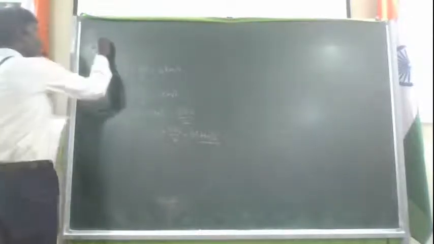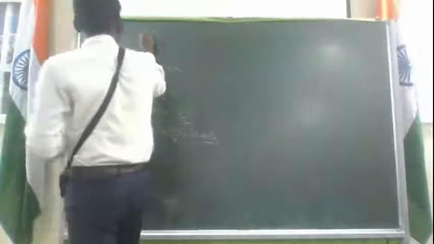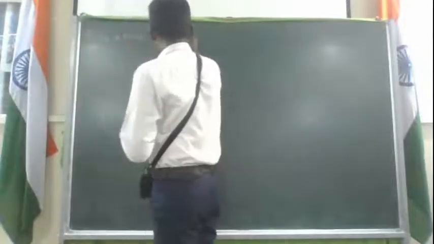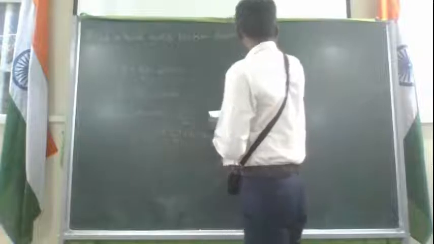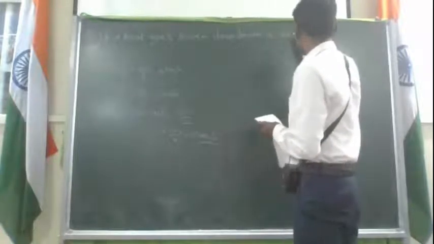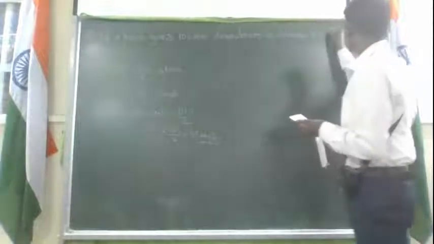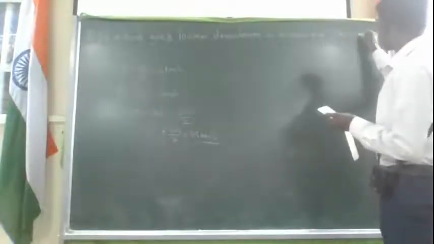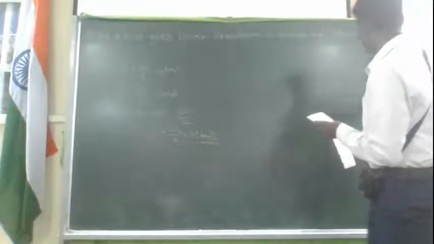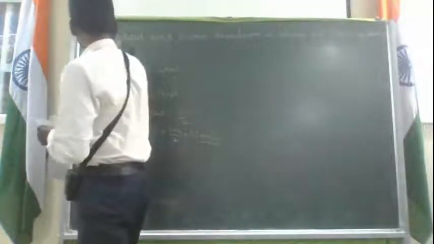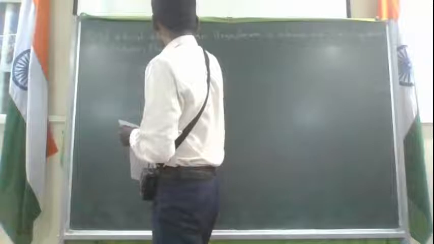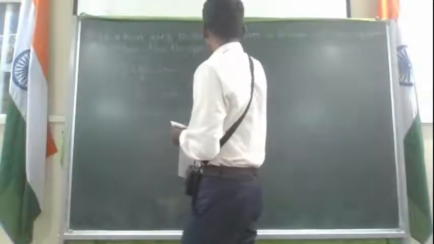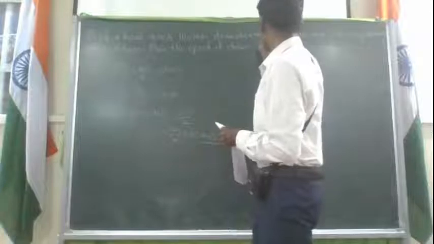If a boat goes 100 kilometer downstream in 10 hours and 75 kilometer upstream in 15 hours, then the speed of stream is dash. Find out.